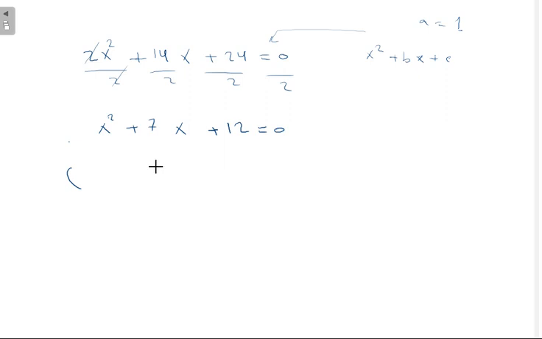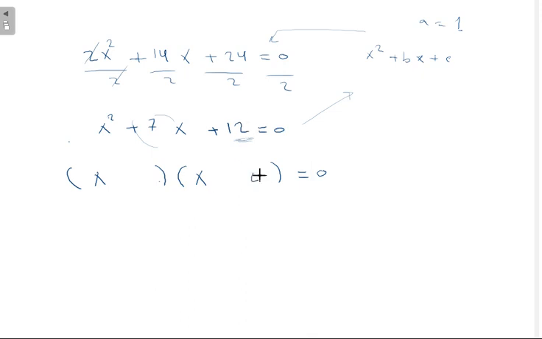So zero product, then I will have two factors multiplied with each other equals to 0. Each factor has x in it and a constant. Those constants here, the product has to equal 12. As we discussed in the previous example, I have 6 multiplied by 2, 4 multiplied by 3, and 12 multiplied by 1. The suitable one here is the constants that give me 7 when I add them to each other.